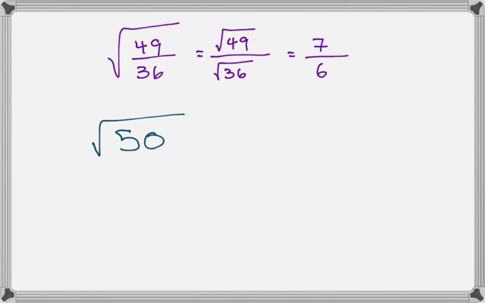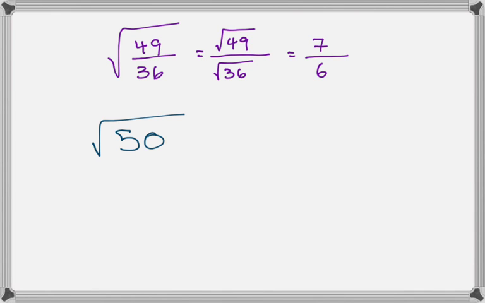We don't work with decimals at all because decimals have rounding errors, and we want to find in algebra, especially if you go into engineering, exact answers. So what needs to happen here is you need to factor this 50 into a perfect square and whatever is left over. What is the largest perfect square that goes evenly into 50?